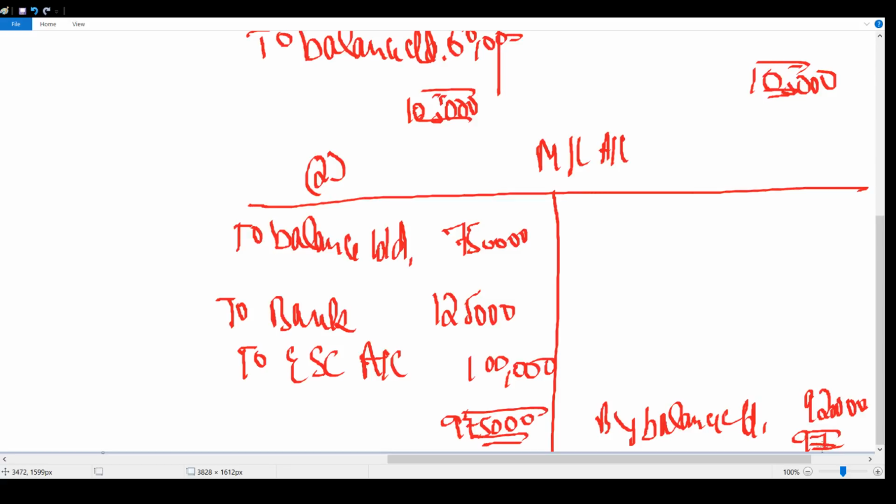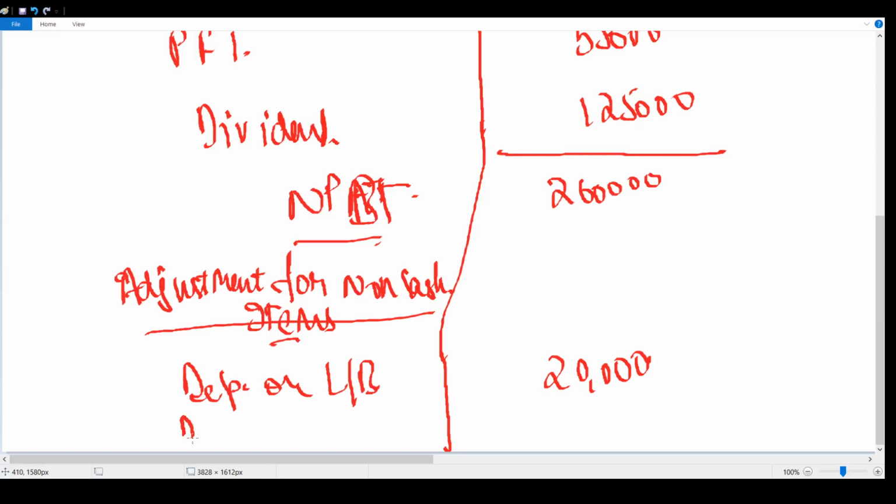As the question says that no machinery was sold out during the year, so hence we will take here balancing figure as depreciation. Amount 55,000. Okay, depreciation on machinery.